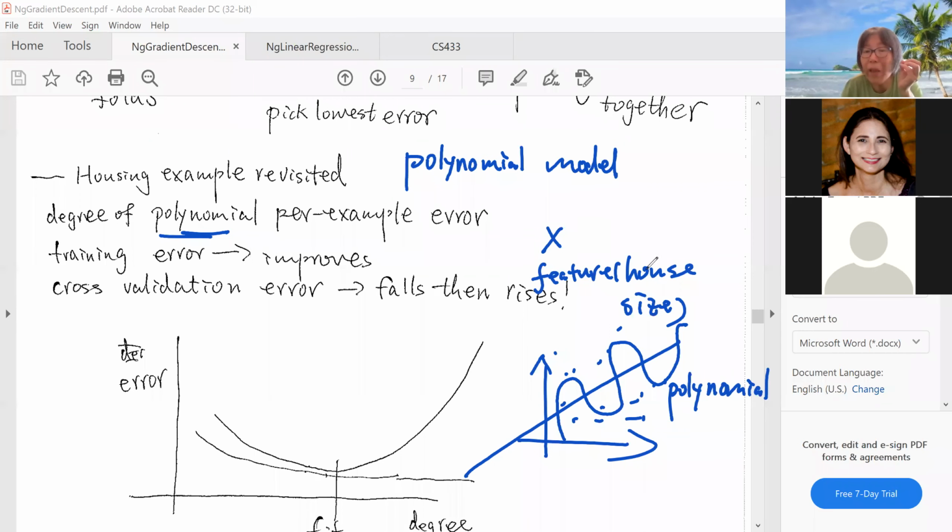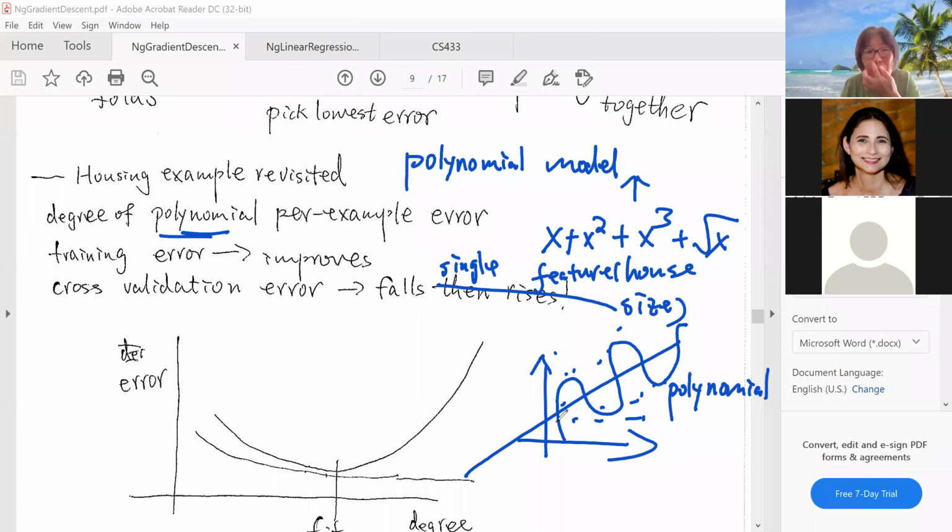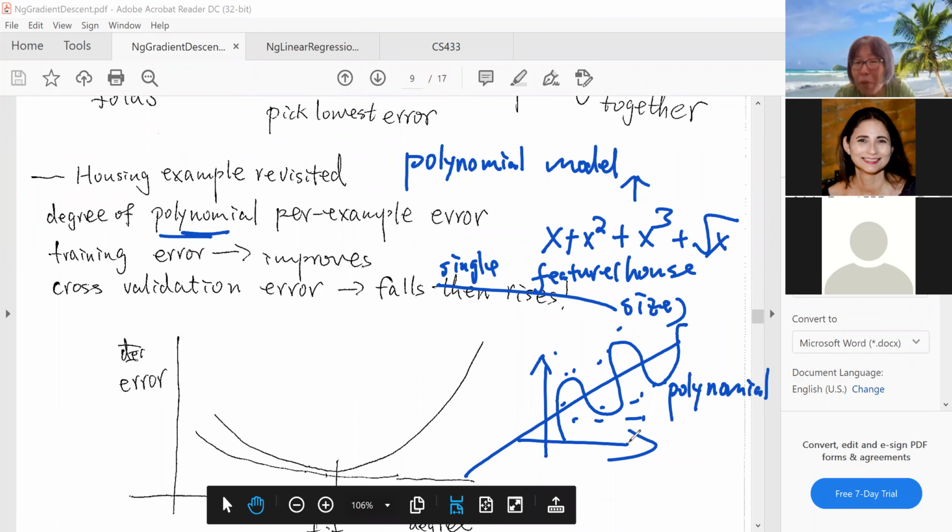In this case, the house size, it depends, maybe the first order, then the second, so you quadratic the house price, or cubic, or you take a square root. That is the polynomial model, but you still just have a single feature. Then you may say, the more complicated the polynomial model is, the better the performance will be?